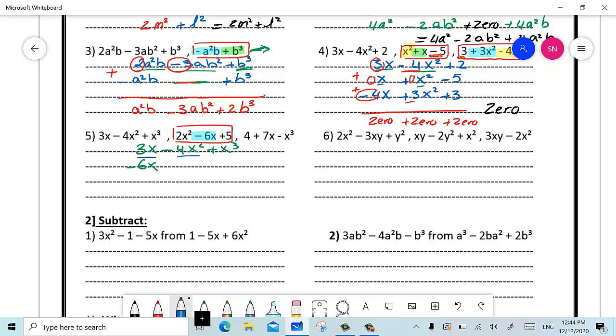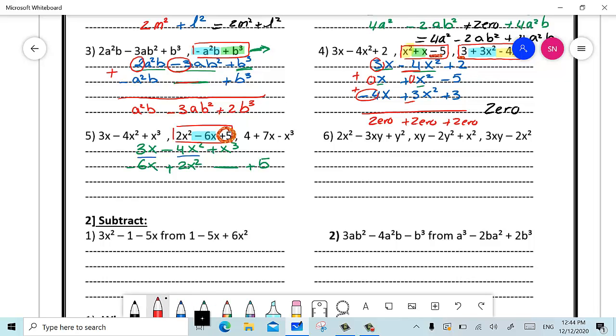The term that has x squared here is 2x squared, and since 2x squared has no sign before it, it is positive 2x squared. I have nothing in the second expression containing x to the power of 3, so I'm going to leave a space here. And then, as we can see, I have an absolute term. So I'm going to write the absolute term as it is, plus 5.